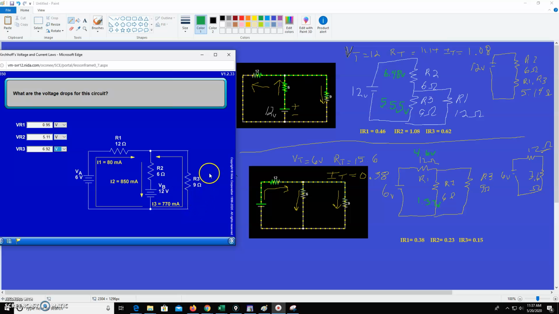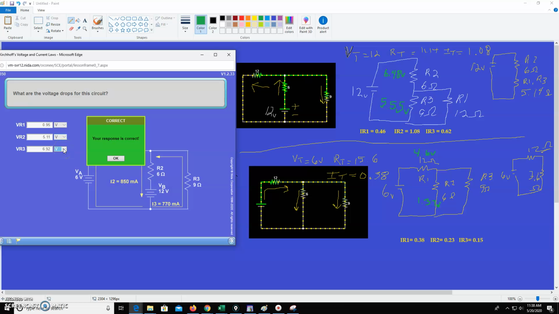And R3 was going to be additive, so 0.62 plus 0.15 equals 0.77 or 770 milliamps. So this is why I like the superposition. I'm going to hit enter so you can see that we got it right. It's not easy, but it is easier than the equations. We're out of time. If you have questions, let us know.